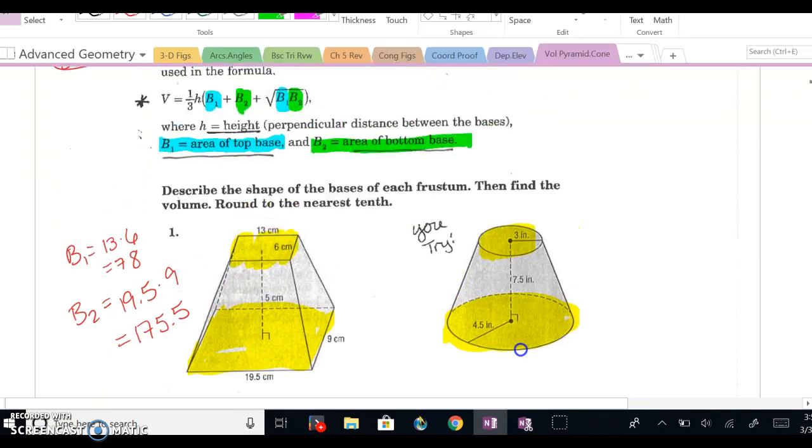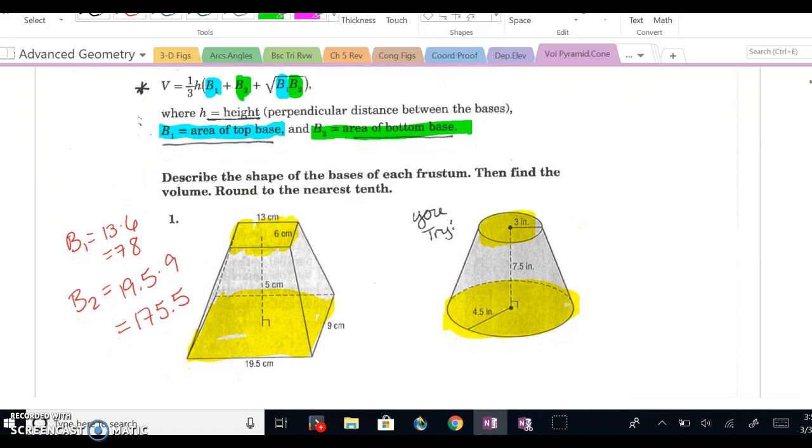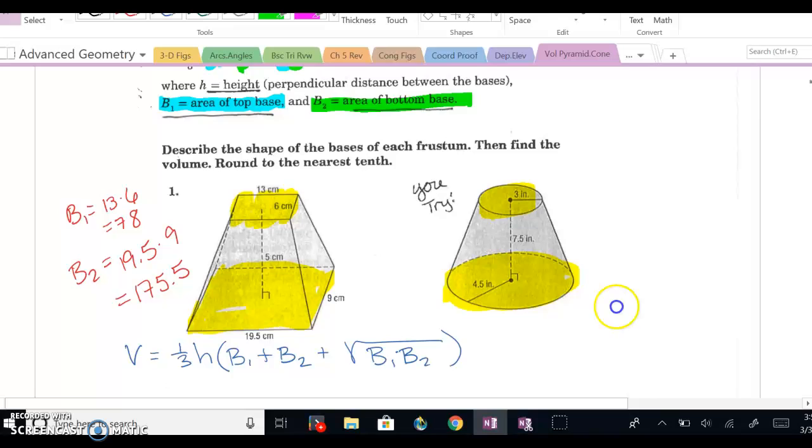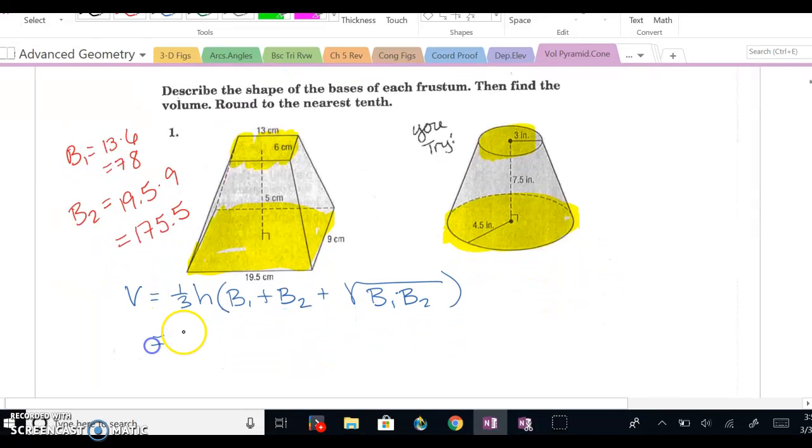Okay, and now we're ready for our big formula. The volume is equal to 1/3 the height of the frustum times the sum of the bases plus the square root of the product of the bases. Whew. Okay, so here we go. We've got 1/3.